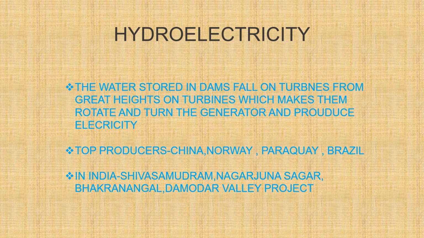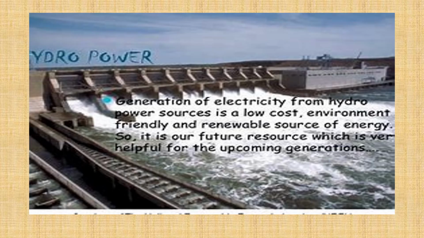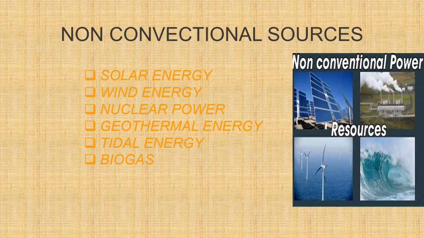In India, Shivasamudram, Nagarjun Sagar, Bhakhda Nangal, and the Damodar Valley project are known for generation of hydroelectricity. The electricity generated from hydropower is low cost, eco-friendly, and a renewable source of energy.